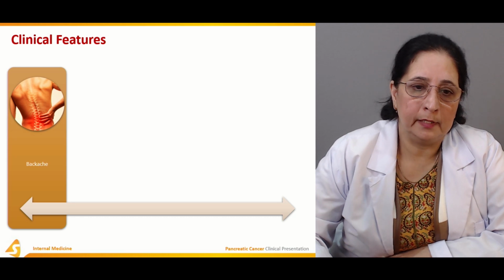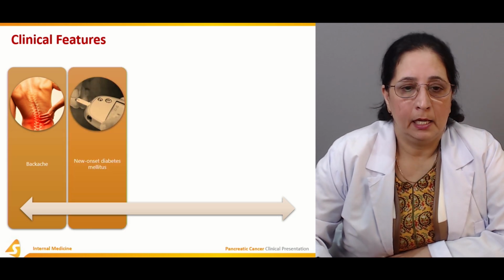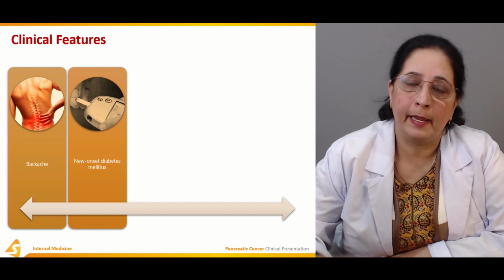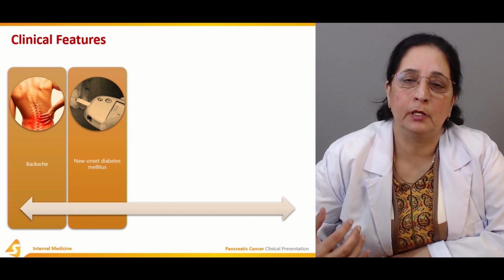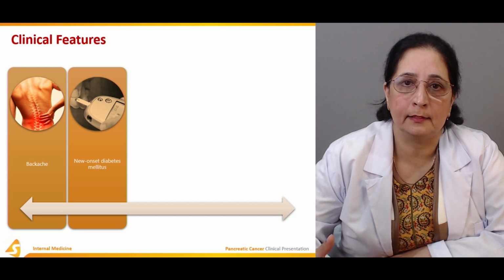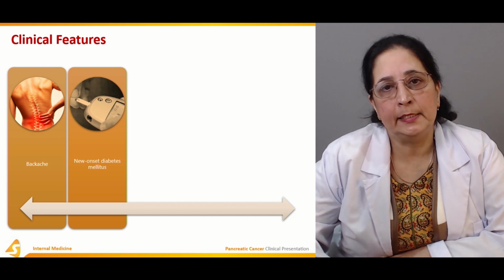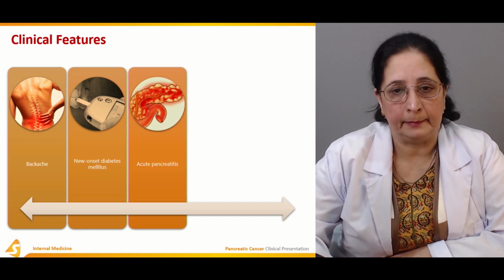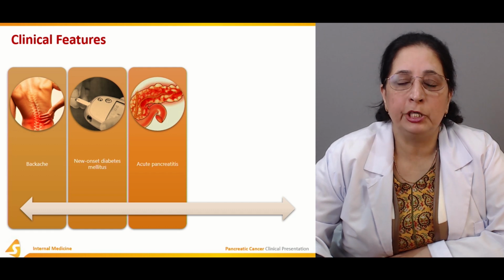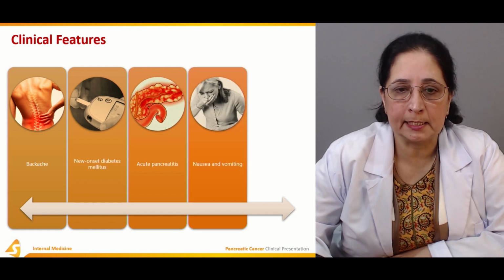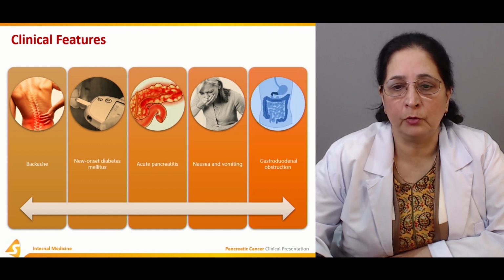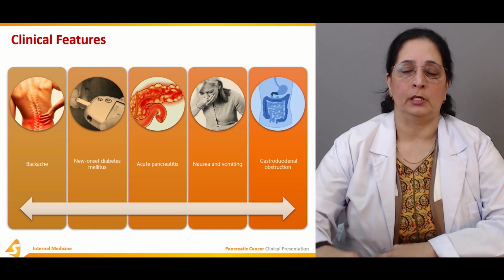Next, there is also backache and new onset diabetes mellitus. When the pancreas is damaged or there is pancreatic cancer, diabetes mellitus, which is decreased production of insulin from the pancreas, develops. There is also acute pancreatitis, nausea and vomiting, and gastroduodenal obstruction.